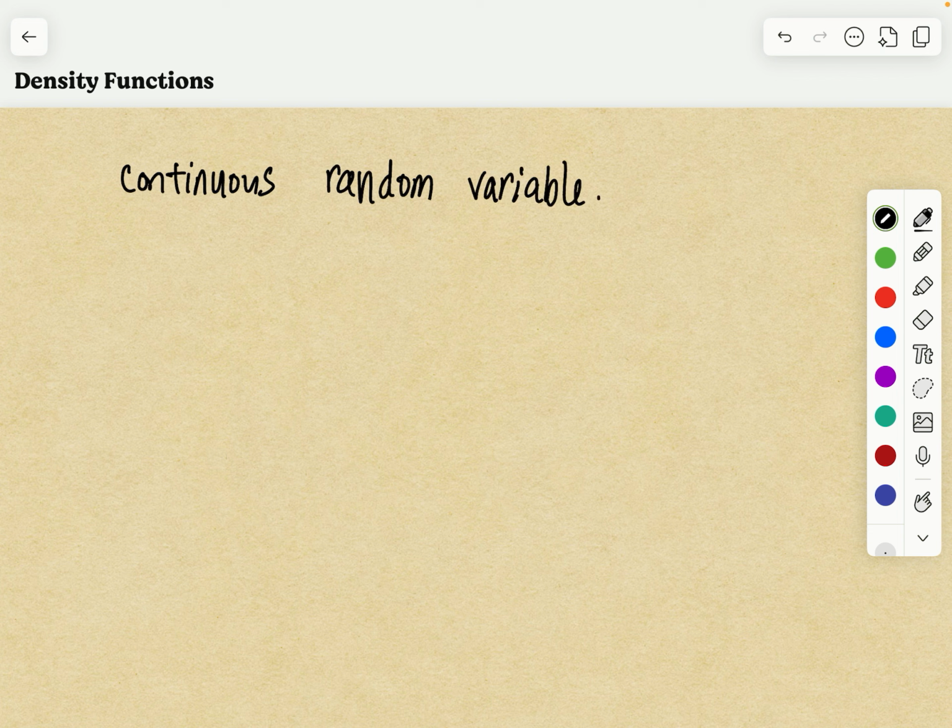The difference between a discrete random variable and a continuous random variable in terms of the probability is that if you have a continuous random variable x, then the probability that x is any specific value is actually 0.